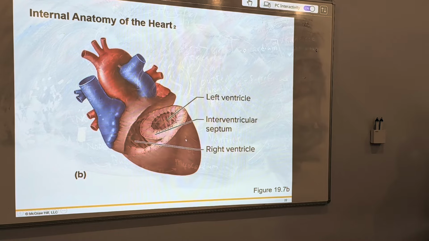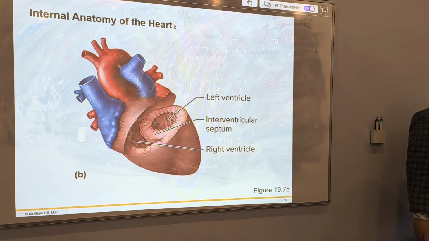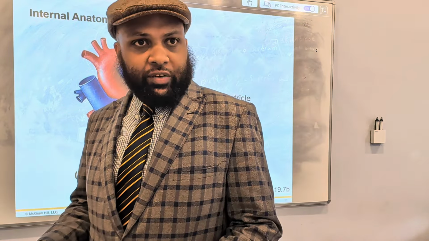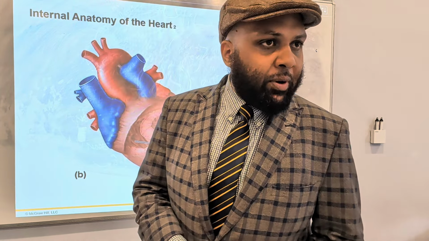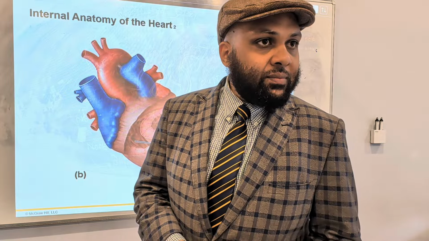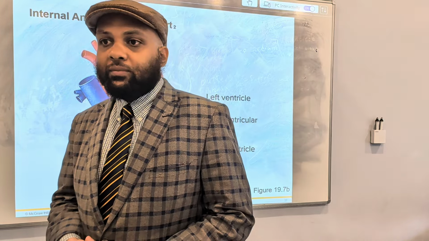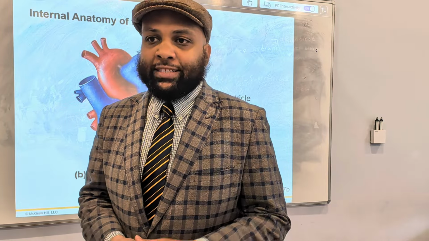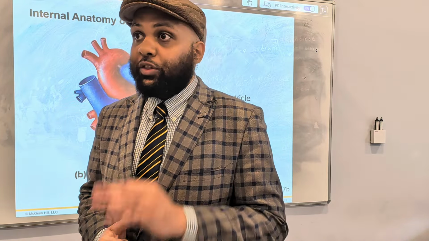That's the left ventricle. Why is the left ventricle much bigger in size? You know how we talked about in the endocrine system that the anterior pituitary is how many times as big as the posterior pituitary? We said 3 times.